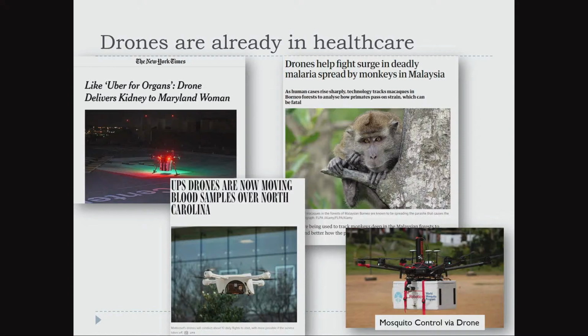So drones are already in healthcare, and these are four examples. Each of these has pretty cool videos online. The first one I'm going to start here is a mosquito control via drone. This is sponsored by the World Mosquito Program, and they were working with a group out in, not Papua New Guinea, but one of those islands out there.